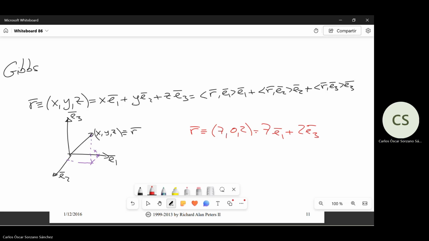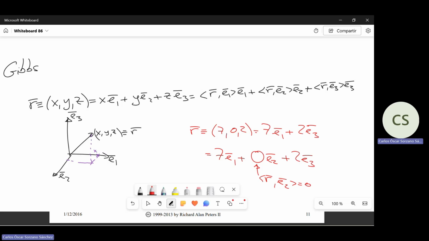So now we observe E2 is not a part of r. Right? And also I say this is 0 E2 plus 2 E3. So this 0 is because r times E2 is 0. So these two vectors are orthogonal.